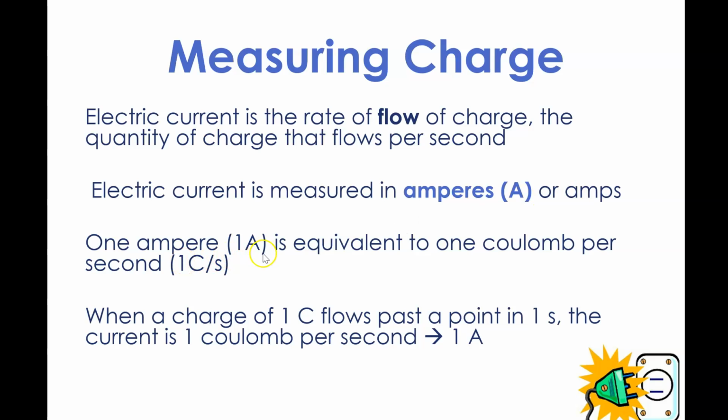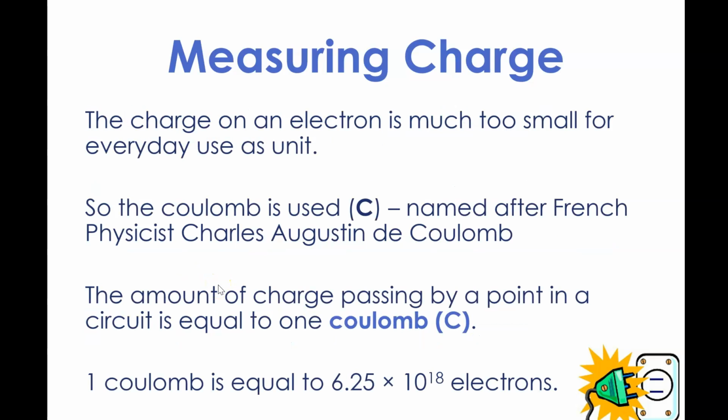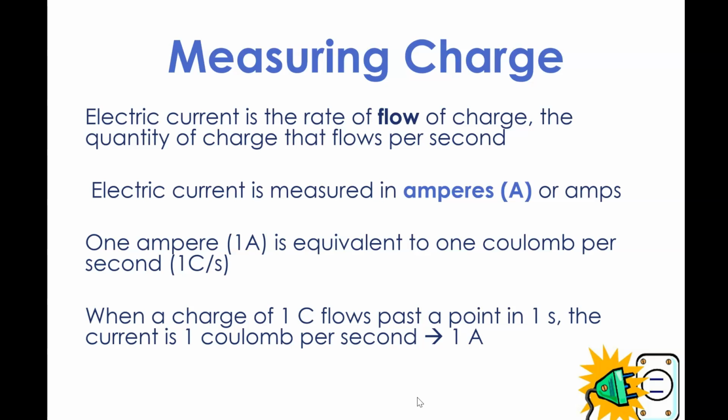And 1 ampere, represented by 1 capital A, is equivalent to 1 coulomb per second. Remember, 1 coulomb is equal to 6.25 times 10 to the power of 18 electrons. So 1 ampere is that many electrons in a circuit per second.